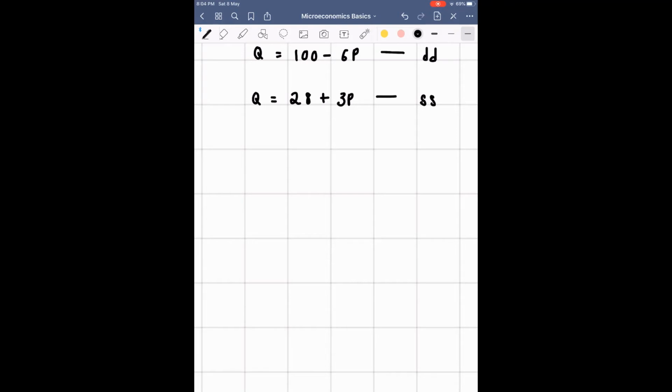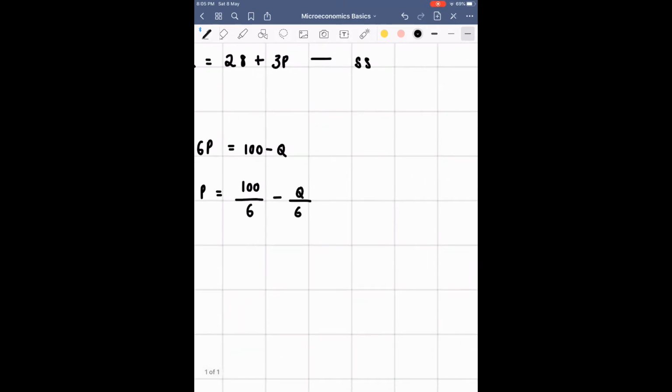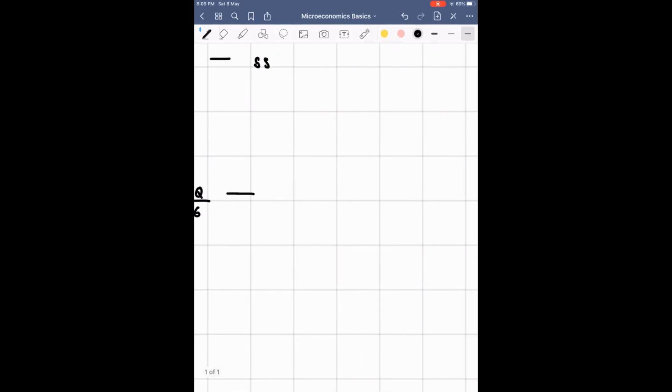We know now in the inverse that P has to be expressed in terms of Q. So let us rewrite this as 6p equals 100 minus Q, and P will be 100 divided by 6 minus Q divided by 6. This now is the inverse demand function. I'm going to label it as inverse DD.